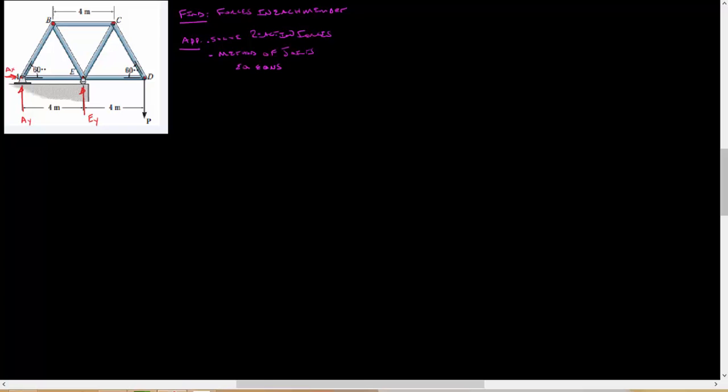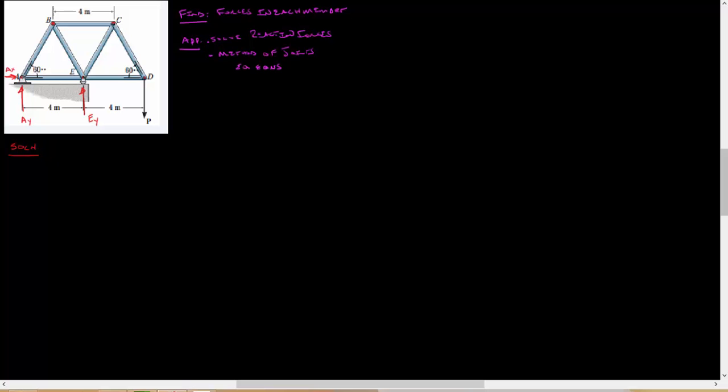In this problem here, we're asking to find the forces in each member. My approach is to solve for the reaction forces first, and then I'm going to use the method of joints, which includes the equilibrium equations.